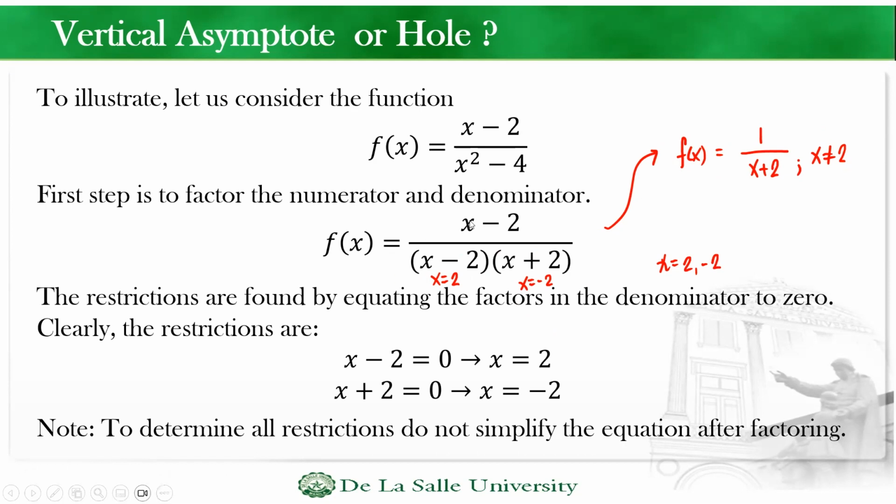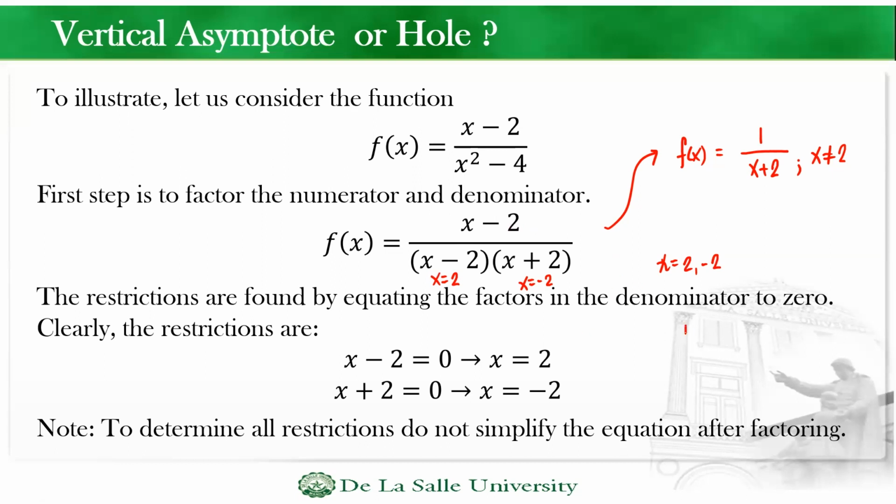x cannot be 2. For me to cancel the x minus 2 term, x cannot be equal to 2. Why? If x is equal to 2, you will have 0 in the denominator. And if x is equal to 2, you will also have 0 in the numerator.